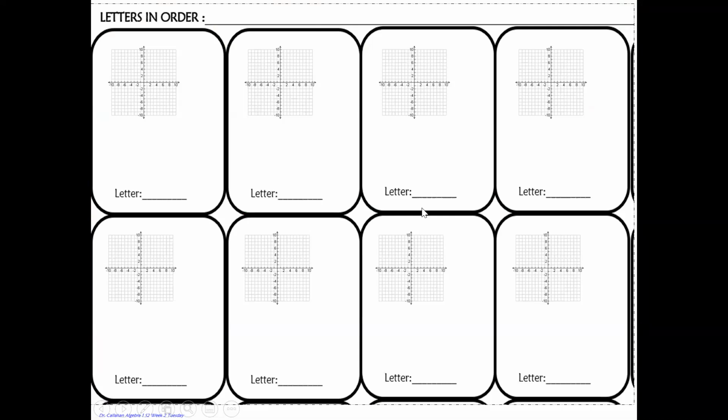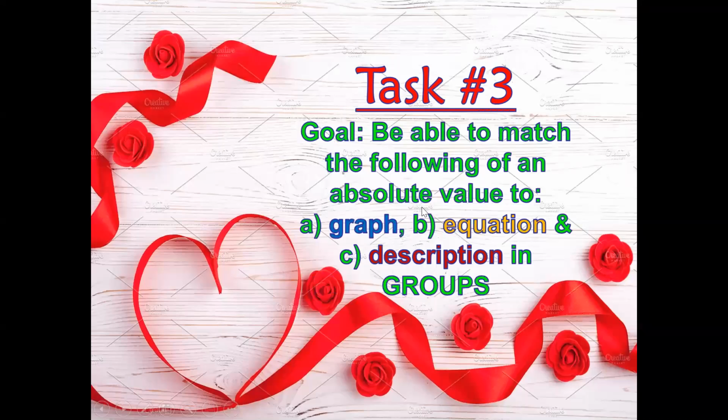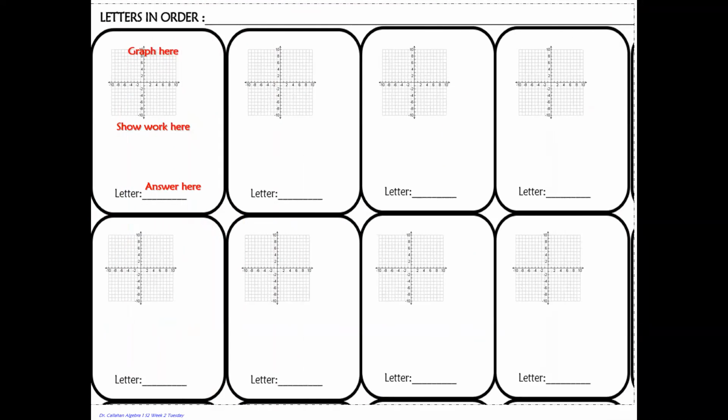So I'm going to start off right over here. Since you're going to do this at home, you're going to go ahead and create the equation, and I want you to graph it. So for example, y is equal to -2 absolute value x minus 1 plus 3.